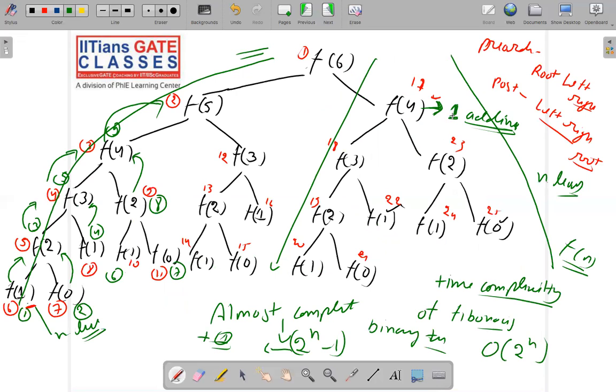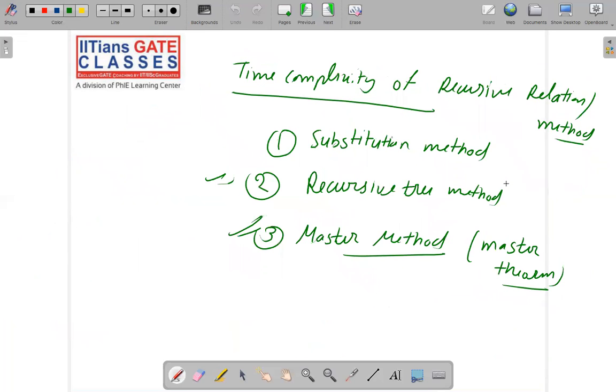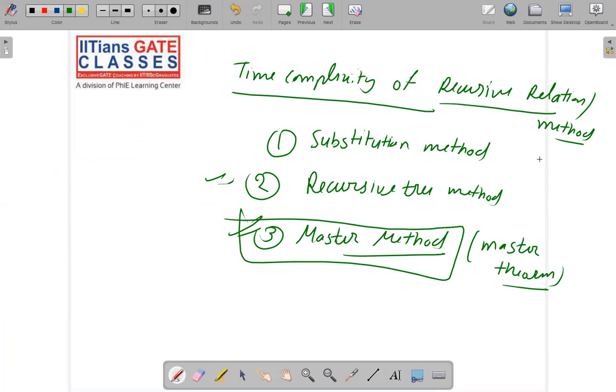You can consider it as 1. So we have almost 2 raised to power n nodes. So time complexity is order of 2 raised to power n. Okay. And the easiest one is master method, but this is not applicable to all the recursive relations.